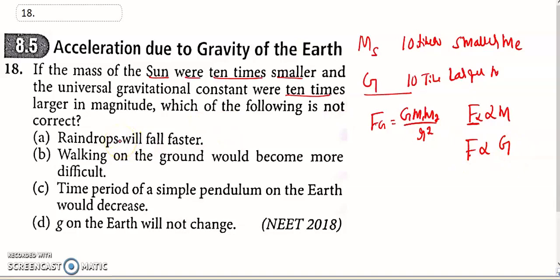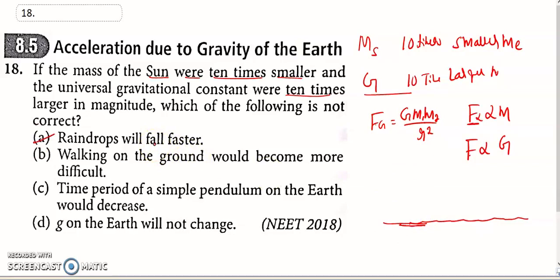Raindrops will be faster, it will be faster. Why? Because the speed will be more.